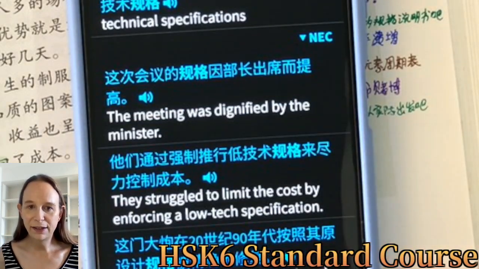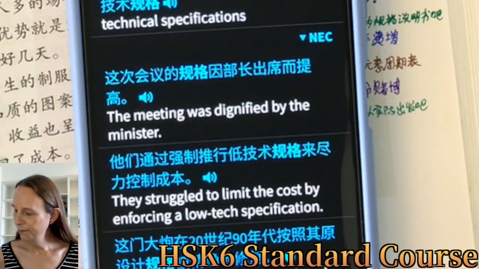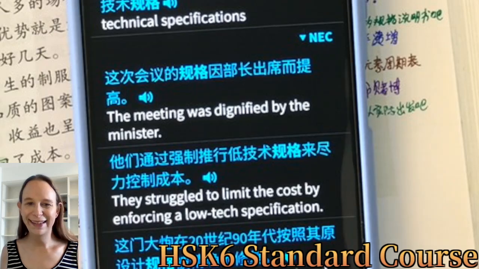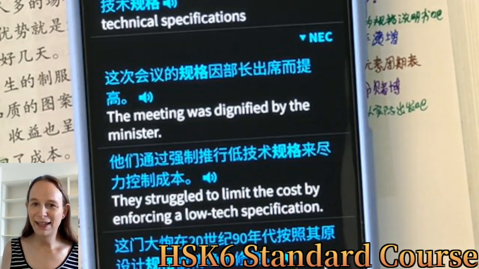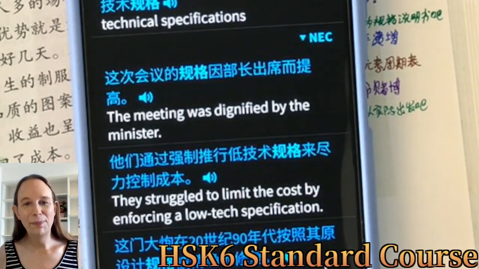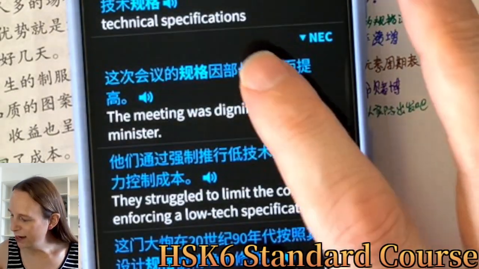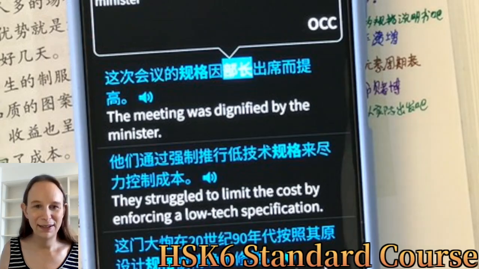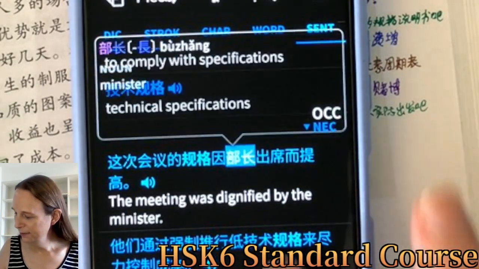这次会议的规格因部长出席而提高. So the meeting was dignified. Yeah, I don't know. This is rank, isn't it? So the rank of the meeting was increased by the fact that the 部长 turned up, the minister.